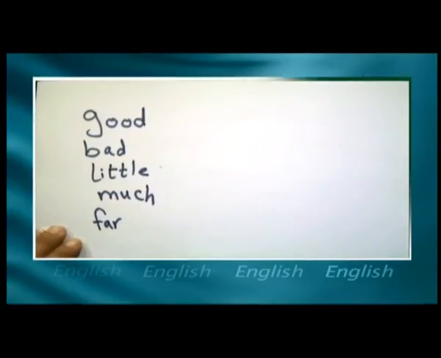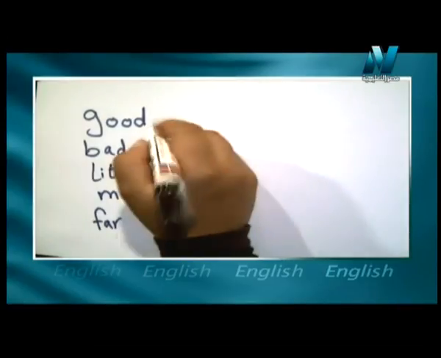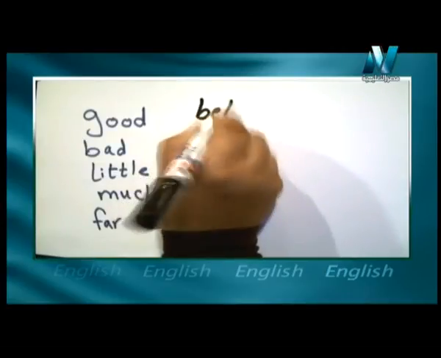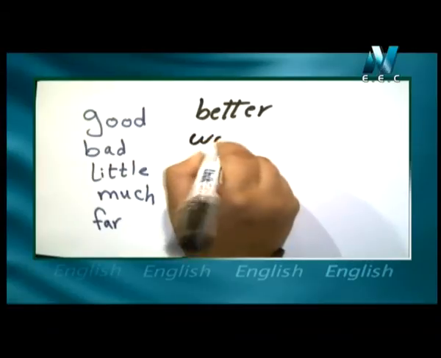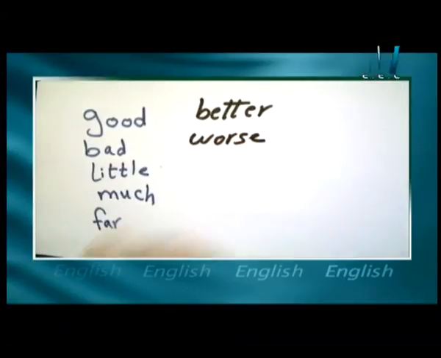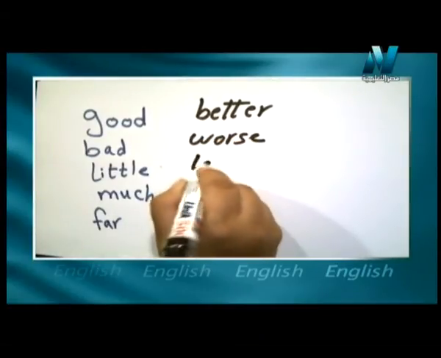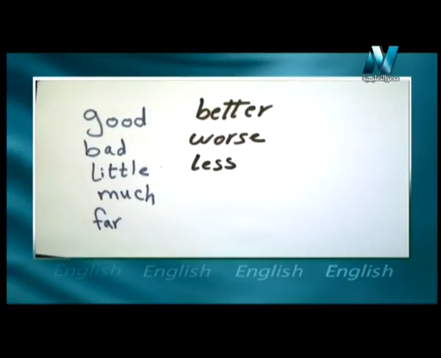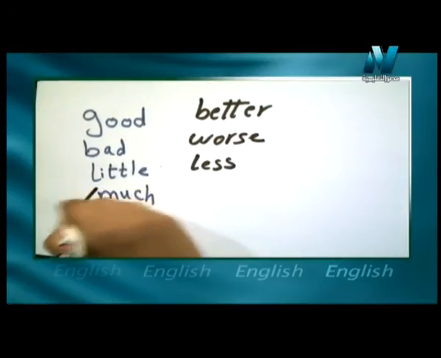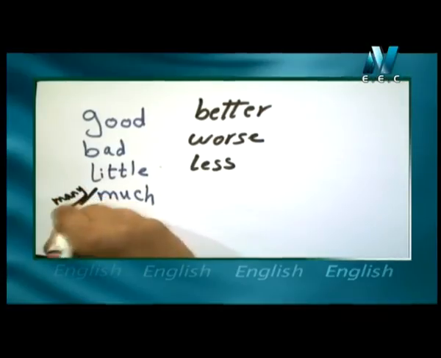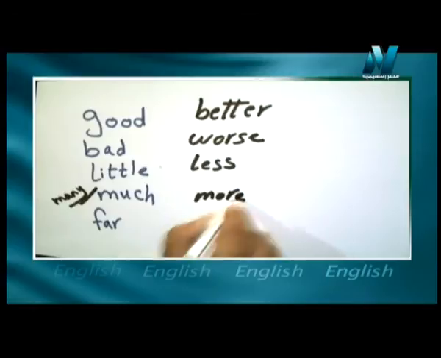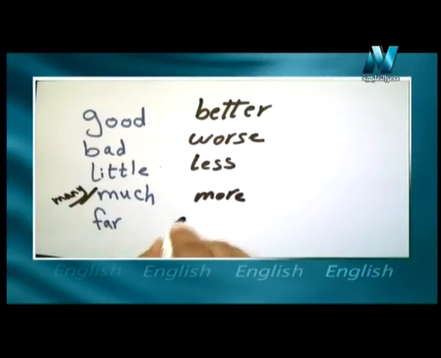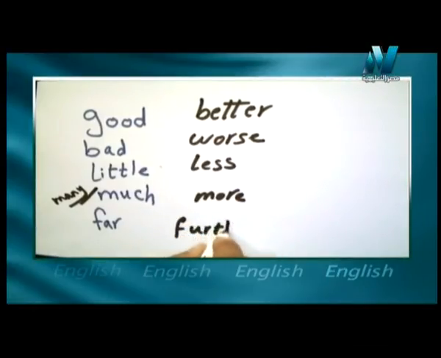In the comparative form, good is going to be better, bad is going to be worse, little is going to be less, much or many the same. Many and much are going to be more. Far is going to be further.